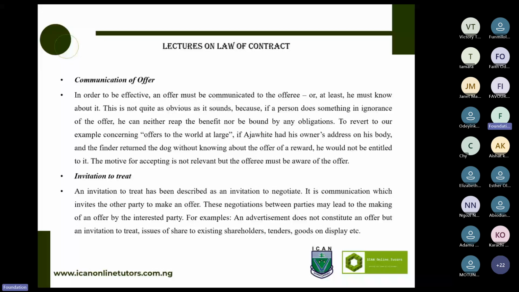You have the option to leave angrily, or you agitate, you grumble, and at the end of the day, you pay. But something happened. The price makes you retreat and pay a new price. So that is invitation to treat for you. Examples include advertisement, tender, goods on display, and so on and so forth.